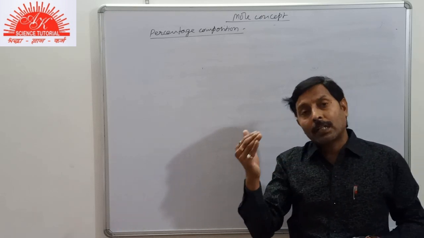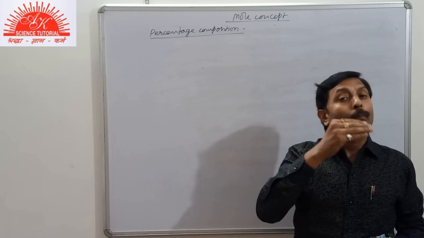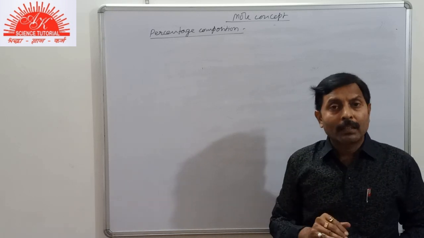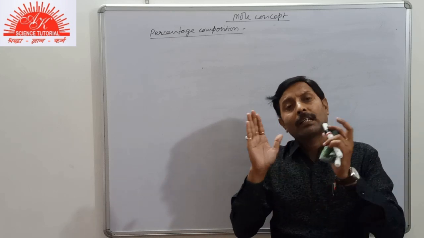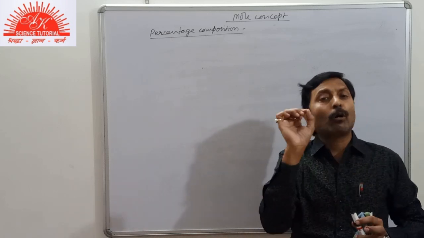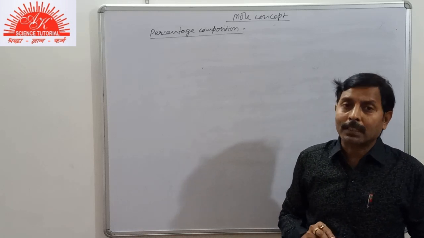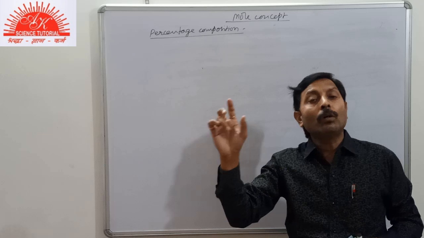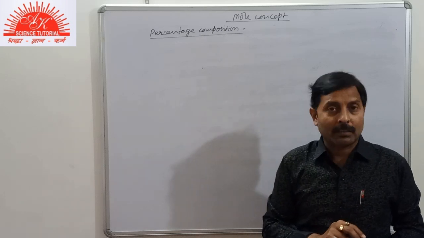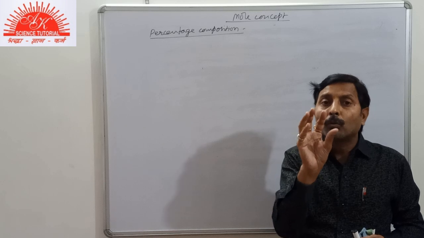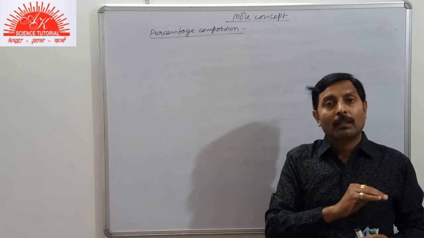Like you have studied about profit percent, loss percent, interest percent, all of these are the same thing. And what is the simple formula for calculating percentage? It is part by total into 100. Part means the part or component which has to be calculated.